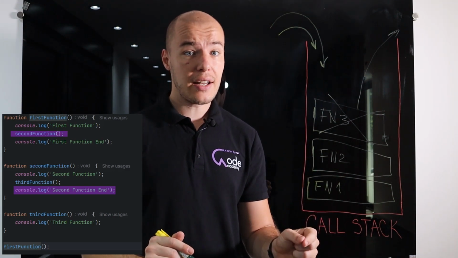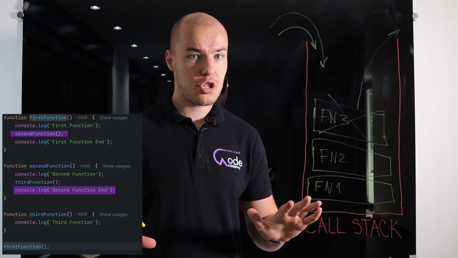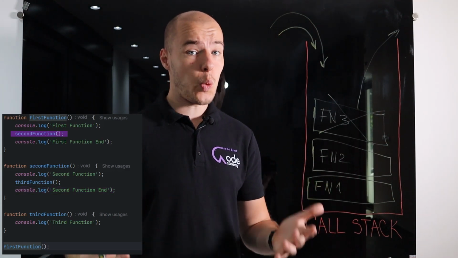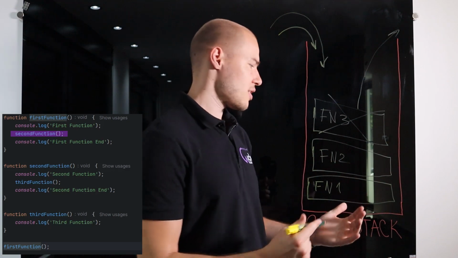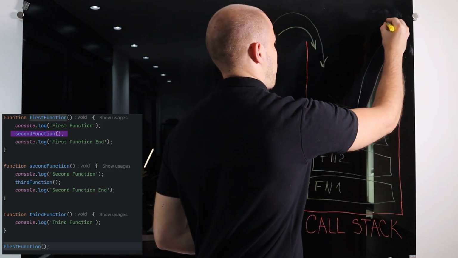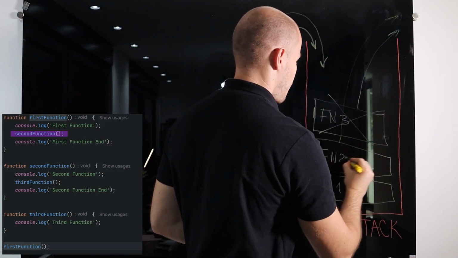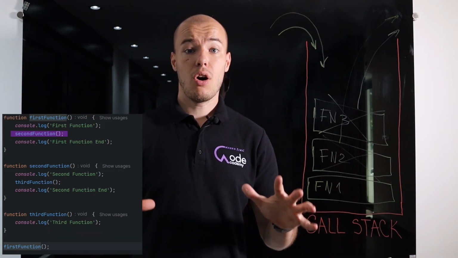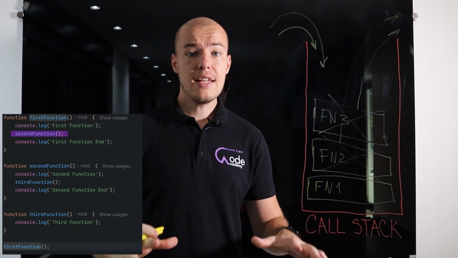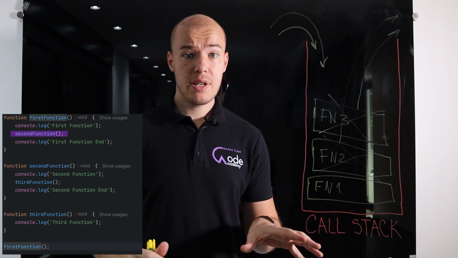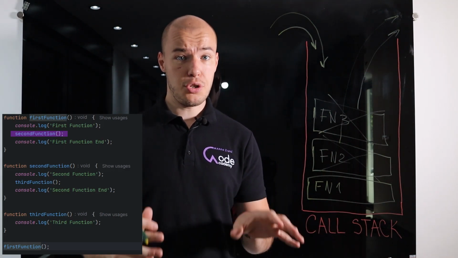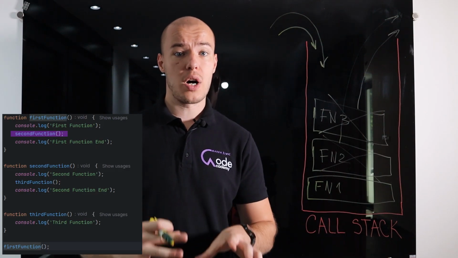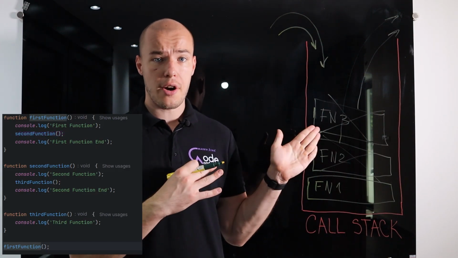And once that is done, everything from the second function is done executing, which means that it can as well be popped off the call stack. So it will be popped off the call stack and we can just cross it out, which leaves us with only first function in the call stack. And we will be going back into the execution of the first function exactly where the second function was invoked, which is right here.